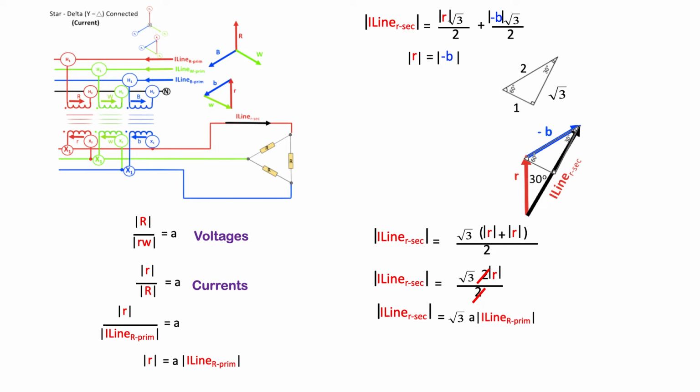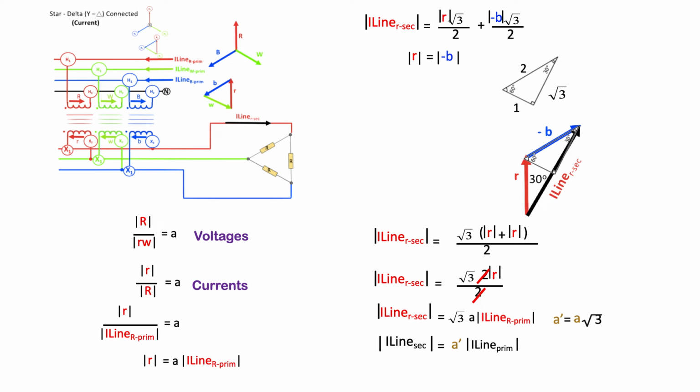And I'm going to do something to get rid of the two terms, root 3 times a, just to make it a little bit more concise. I'm going to say let a primed equal a times the root 3. And I can rewrite that equation now, and instead of just looking at the red phase, because we could analyze each one of the red, white, and blue phases and come up with the same thing. So we can say that the magnitude of the secondary line current is equal to A primed times I line primary.